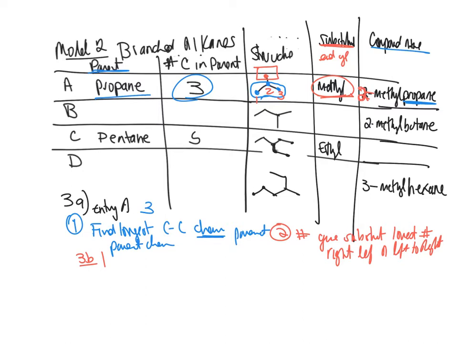These are your rules. So number 2, you number the substituent from left to right or right to left to give it the lowest number. Number 3, these are your rules. You put dashes. You always have dashes between numbers and letters. And you're going to learn that you put commas between letters.